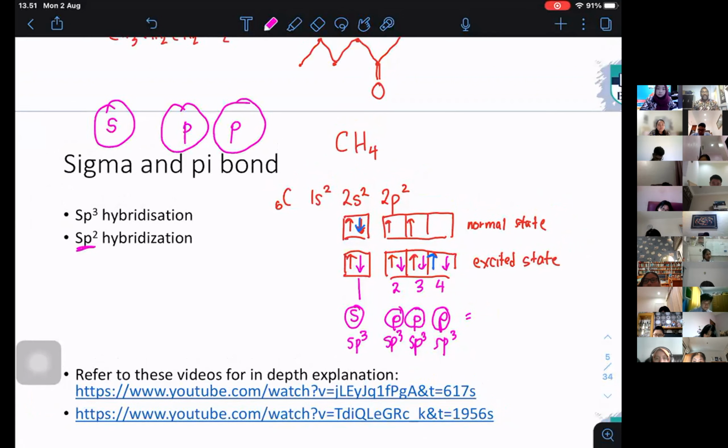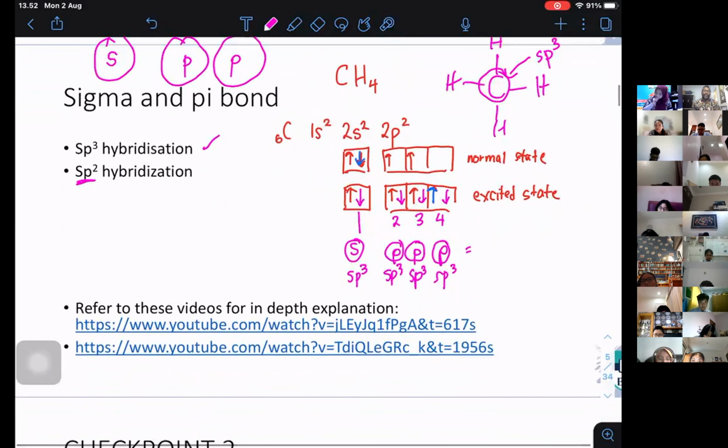Now for sp3 hybridization: when I have bonds with H, the moment carbon has 4 bonds, it means it has utilized 4 orbitals. Therefore, it is going to be sp3 hybridized. So that is sp3 hybridization. Let's look into sp2, for example.